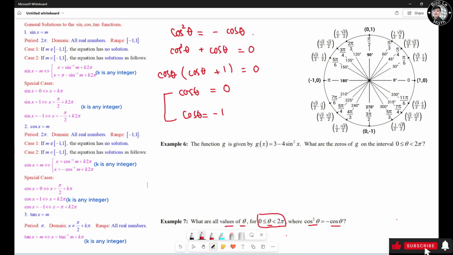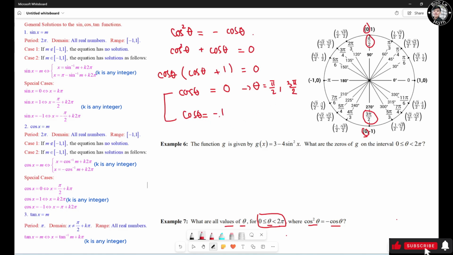Now you look at the unit circle and look for the x-coordinate that equals 0. So it's going to be right here. The angle must be pi over 2. And it's going to be right here, so the angle must be 3 pi over 2. So right here you have theta equals pi over 2 and 3 pi over 2.